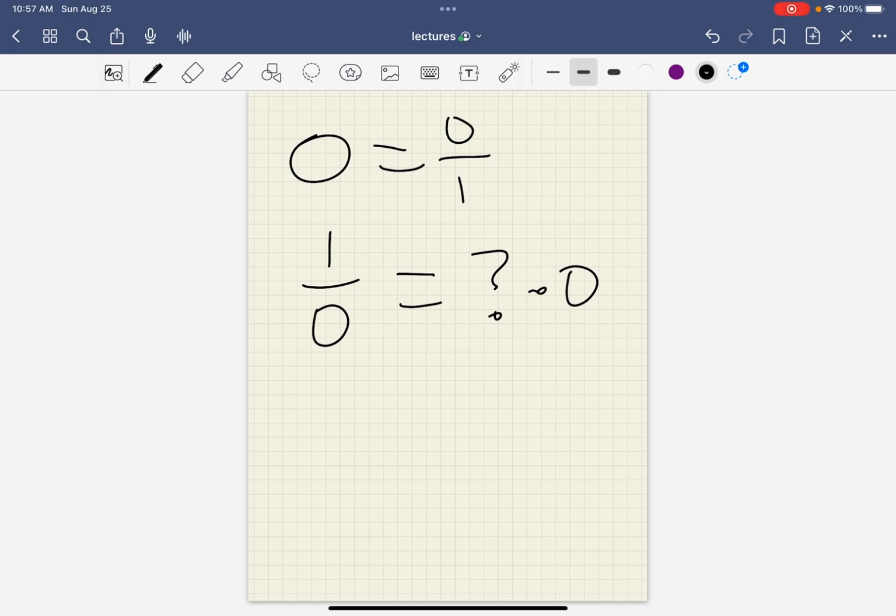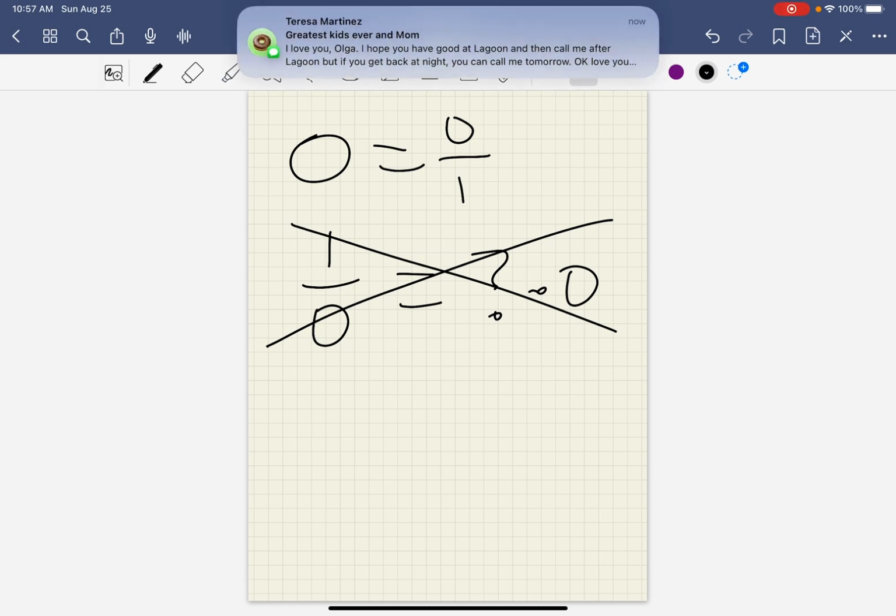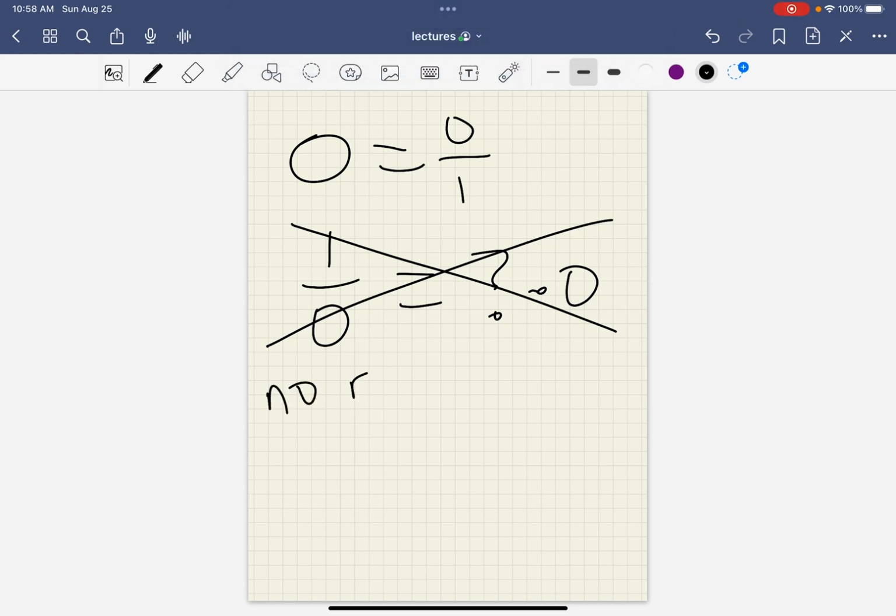And there is nothing that is multiplied by 0 to equal 1. So that's why division by 0, or the reciprocal of 0, is undefined. So no reciprocal of 0. All right, remember, a number multiplied by its reciprocal is always equal to 1.